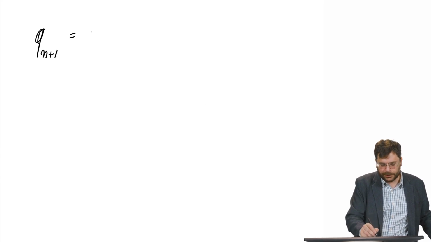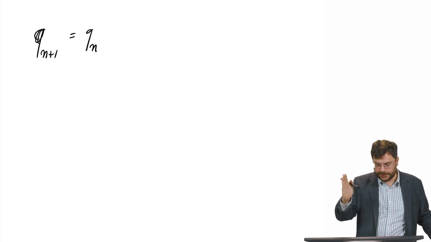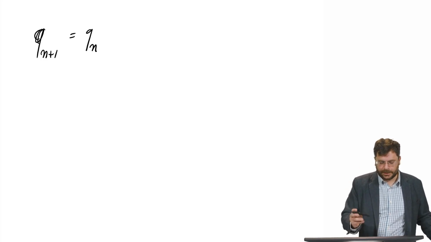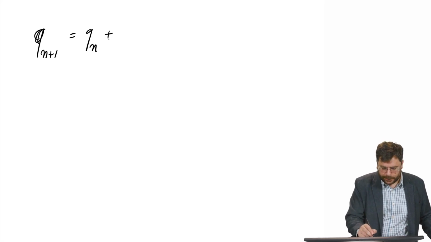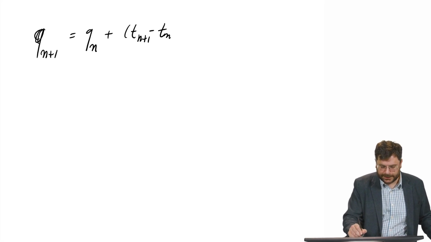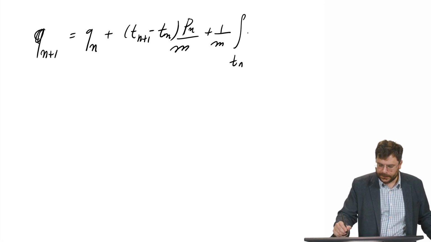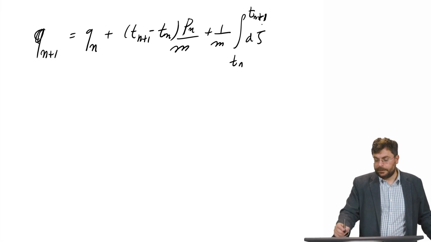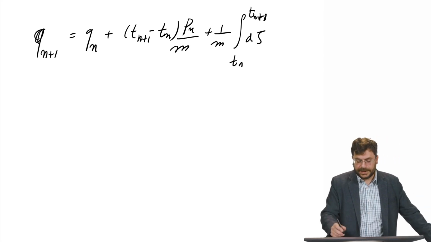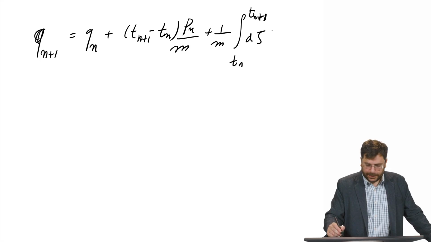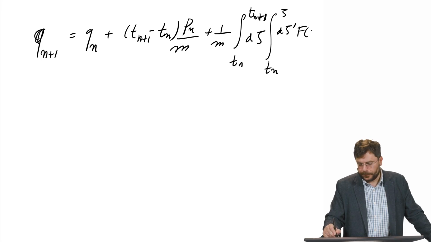So I have Q of n plus 1 equals Q of n. So at this point now I'm going to discretize time and call my double prime as n plus 1 equals Qn plus now Tn plus 1 minus Tn multiplied by Pn over m, plus 1 over m, the integral from Tn to Tn plus 1 d tau, and then I have another integral from Tn to tau dt prime F of T prime.